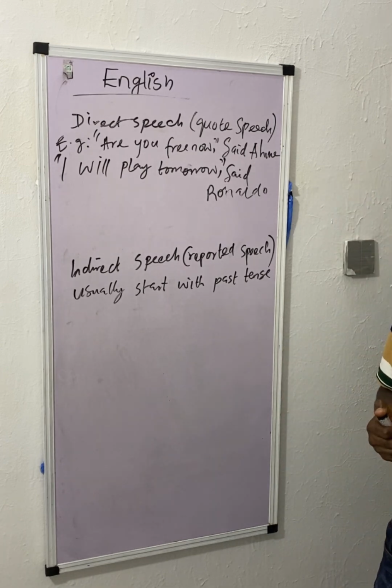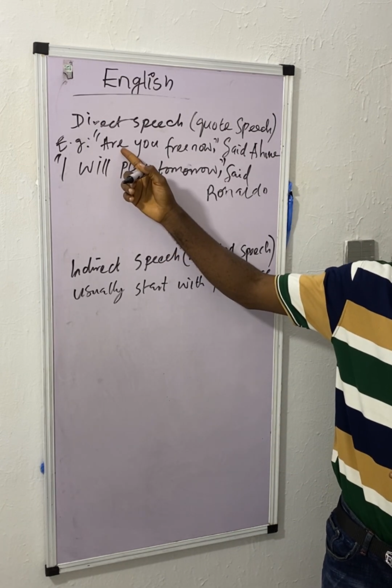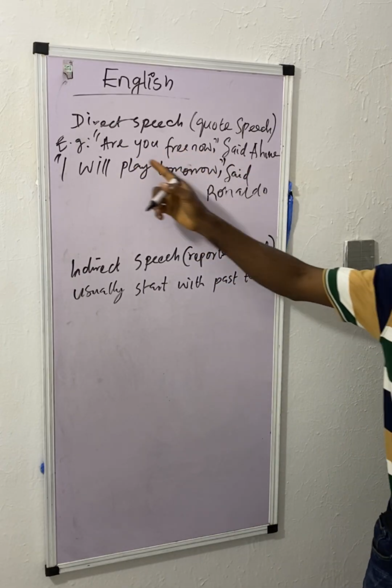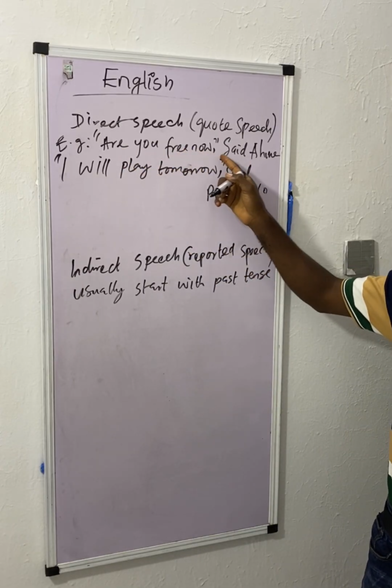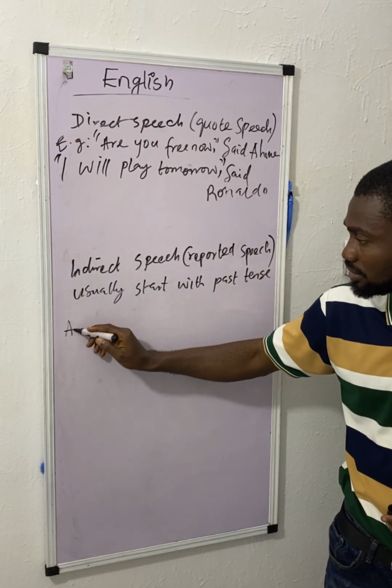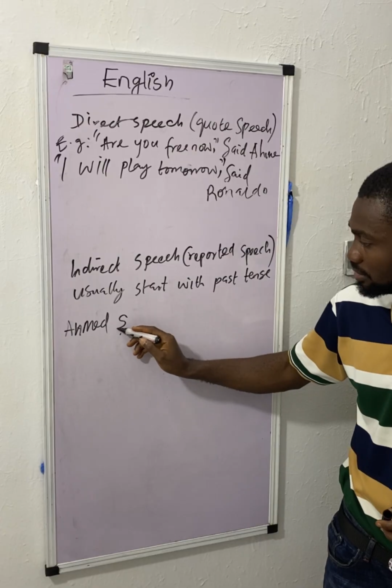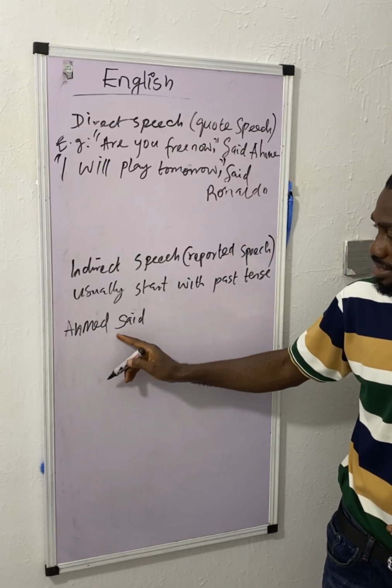For example, let's turn this one to an indirect speech. The first example, "Are you free now?" said Ahmed. So we are going to say, Ahmed said, you can see, start with past tense.